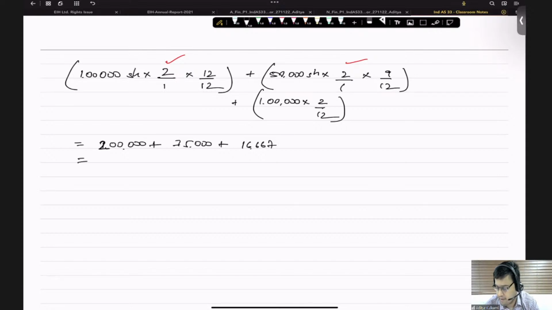So 275 plus 16,667. 2,91,667 shares. This becomes your weighted average number of equity shares for the purposes of our calculations.